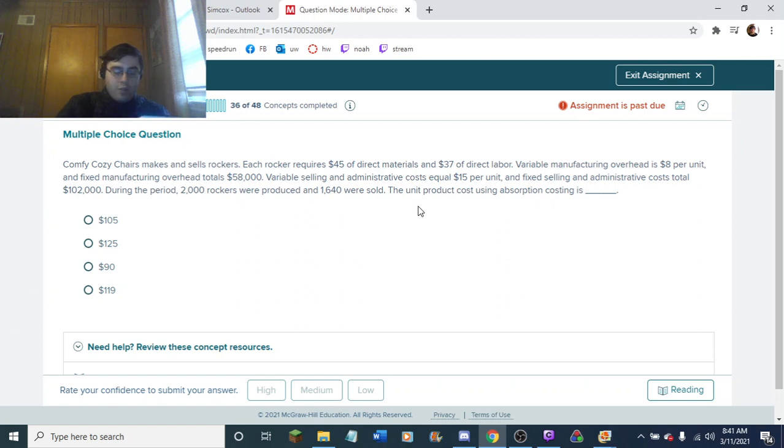The total overhead. So you do 45 plus 37 plus 8 plus 58 divided by 1640, and it's 5140 divided by 41, and you get 125.37.